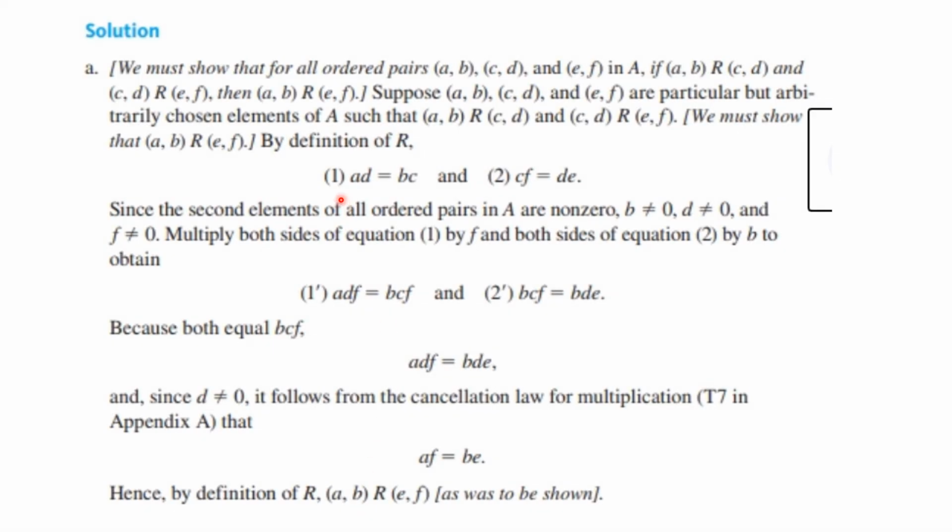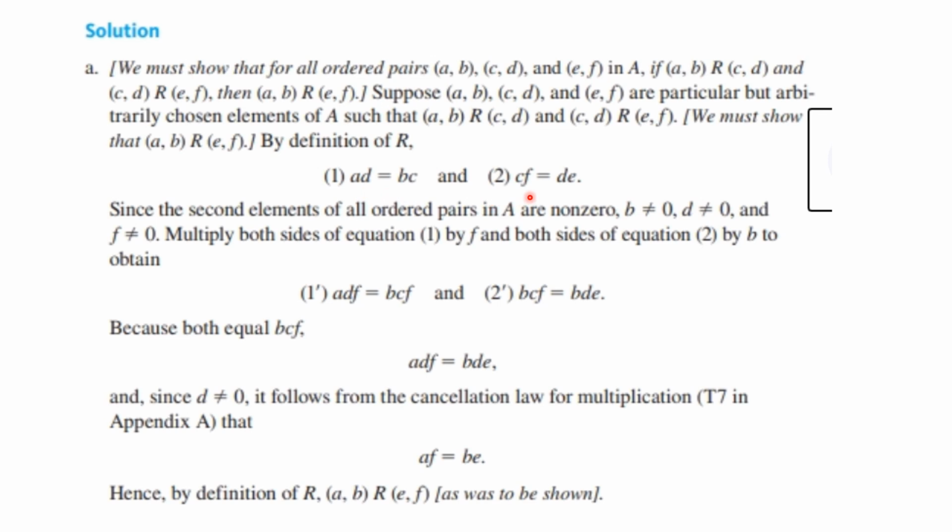Well, it's transitive because if a/b is related to c/d, then ad equals bc. And if a/b is related to c/d and c/d is related to e/f, then we get this expression from the first one and this expression from the second one.